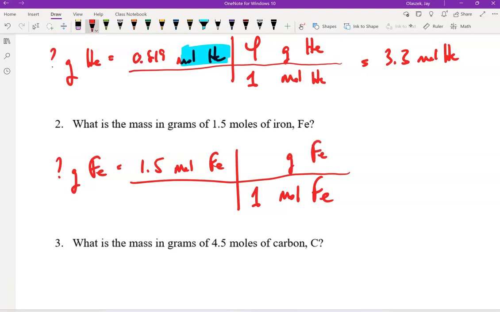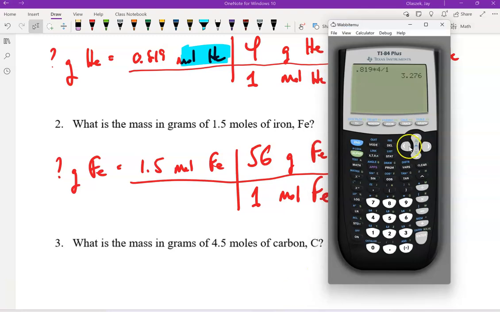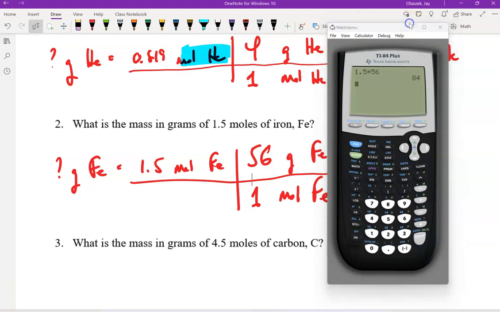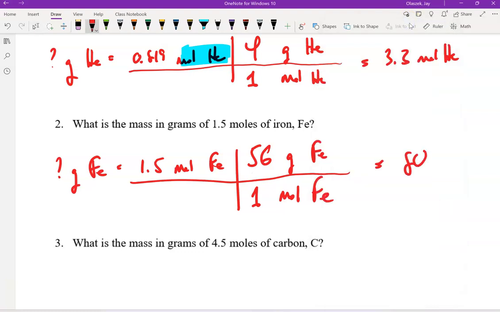You'll see the molar mass is somewhere in the neighborhood of 55.8. I usually round my molar masses to the nearest whole number, but you can do it however you want. So we're going to take our calculator and say 1.5 moles times 56. This is 84 grams.